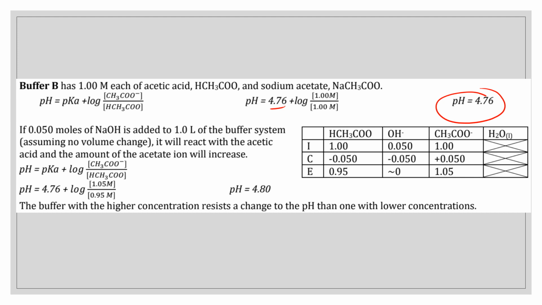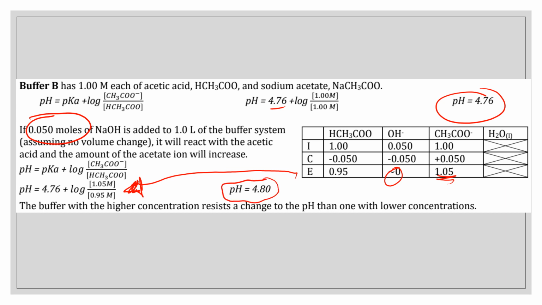Subtracting out the 0.050 moles, like again here, we're going to assume we have 0 hydroxide because it's a strong base, it's a limiting reactant, it's going to get used up. So then my conjugate base increases to 1.05, my acetic acid will decrease to 0.95. Then I'm going to plug in my numbers again over here, and this will give me, calculation-wise, a pH of 4.80.